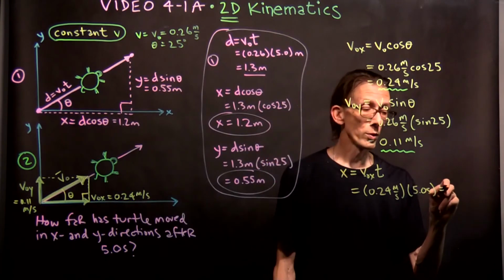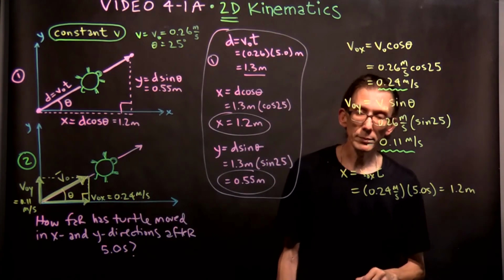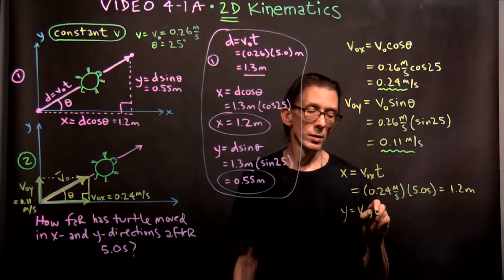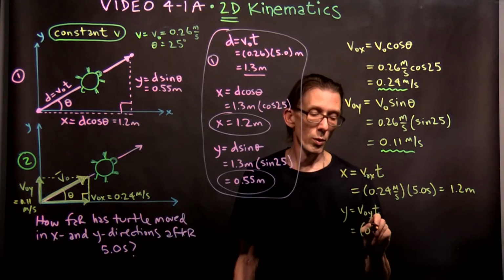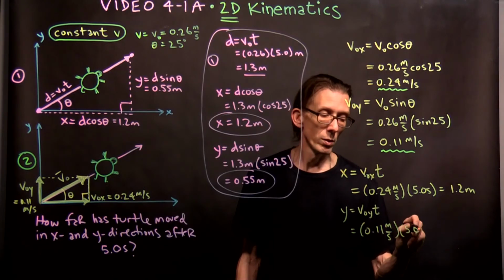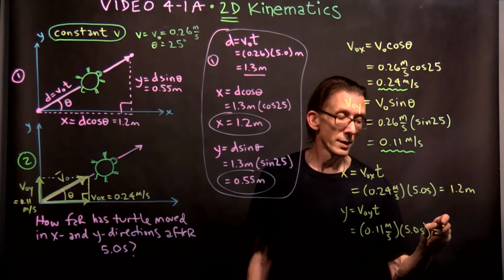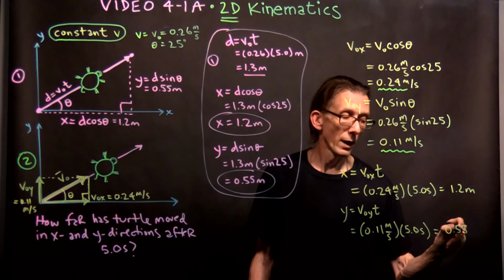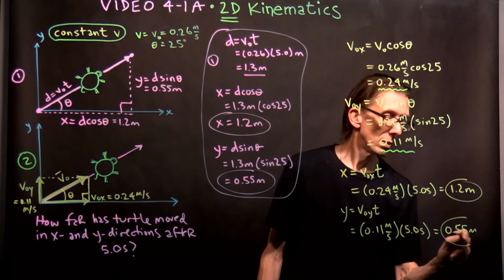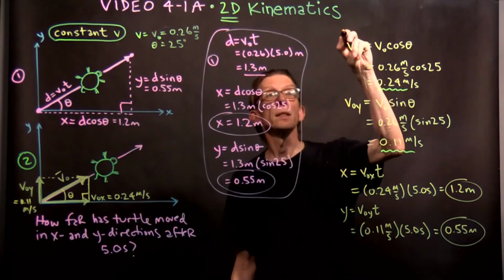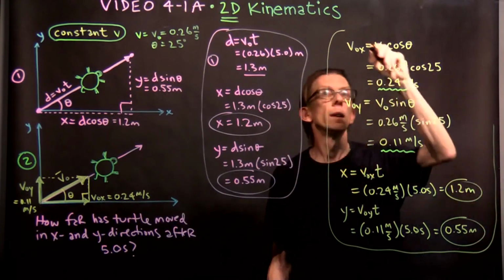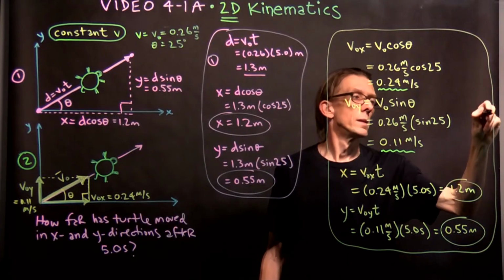When you do that, you get the same thing you get here, which is 1.2 meters. Y is v naught y times t, which is 0.11 meters per second times 5.0 seconds, and that is 0.55 meters. So these answers here are the same as those answers there. This is doing the same problem in a slightly different way.